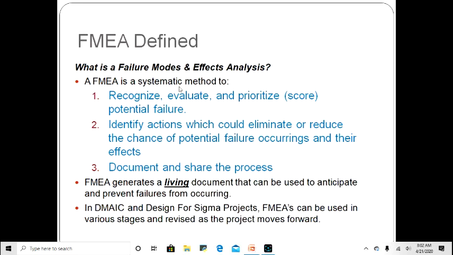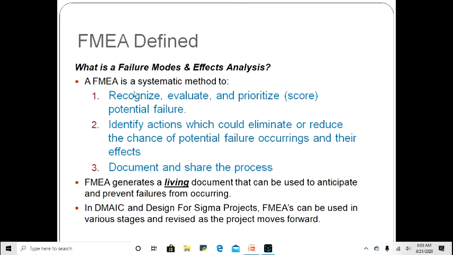And how is it defined? It will recognize, evaluate, and prioritize potential failures. It will identify actions which could eliminate or reduce the chance of potential failure occurring and their effects. Document and share the process.